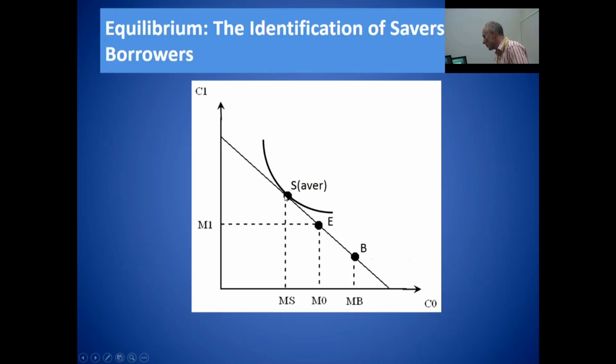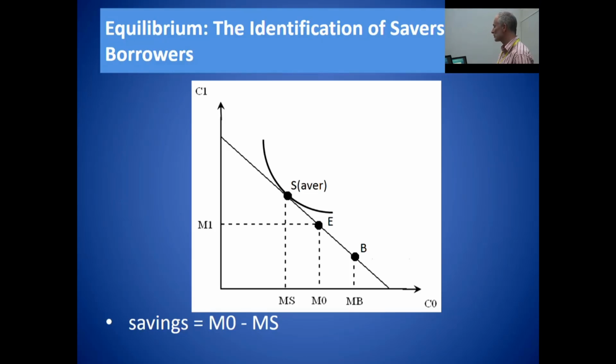He wishes to consume MS in the present and a certain amount in the future. But crucially, where he wants to be means that his current level of consumption, MS, is less than his current income. So what's he doing? The distance between MS and M0 is what he's choosing to save.